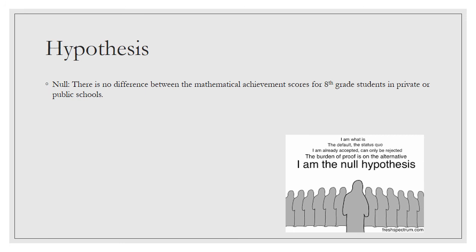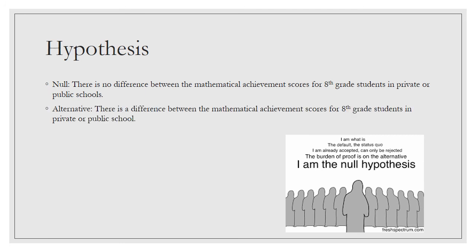The null hypothesis, as an example here, is there is no difference between the mathematical achievement scores for 8th grade students in private or public schools. Whereas the alternative hypothesis, that hypothesis that might be driving the research, I may state as there is a difference between the mathematical achievement scores for 8th grade students in private versus public schools.